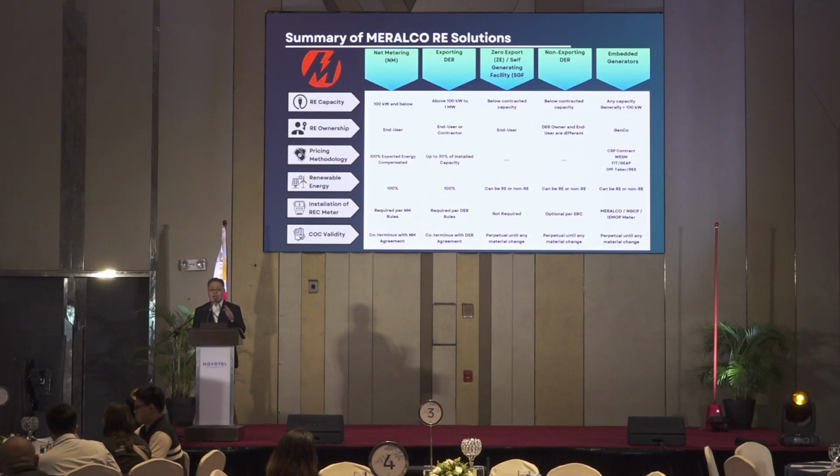And then for pricing, actually, there are 4 ways where you could sell your power. One is the competitive selection process contract, or what we call PSA, or power supply agreement. The next is you can sell your power directly to WESM. And the third one is you could apply for a FIT rate, or what is currently being implemented is the Green Energy Auction Program.